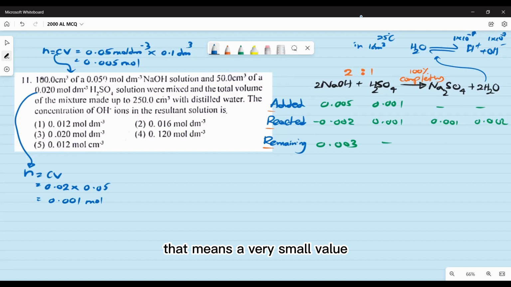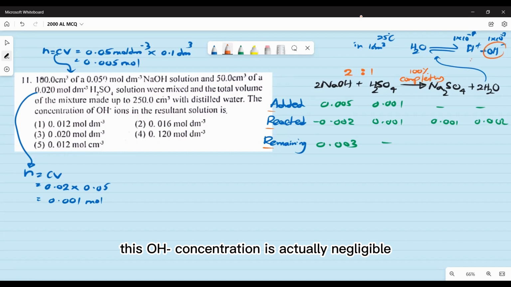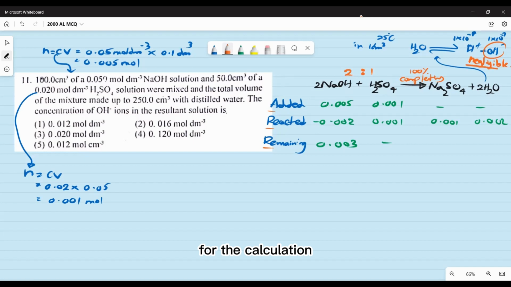That means a very small value. It's true that water can also give you some OH minus, but when you have a strong base in the medium, you ignore the amount of OH minus given by ionization of water. Okay, so therefore you have to ignore that one. I hope you understand what I am telling you. This OH minus concentration is actually negligible. For the calculation, we don't use it.